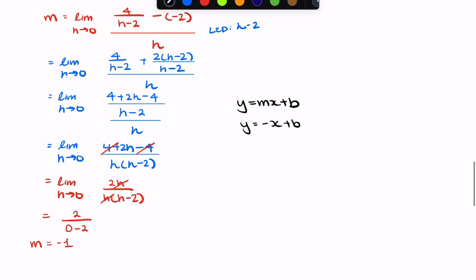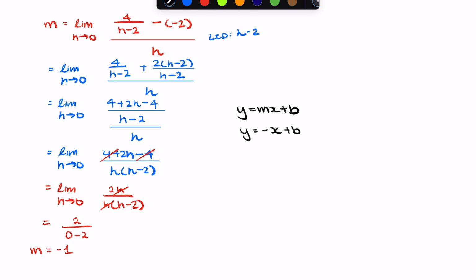We have a point that we can sub in: negative 2 and negative 2. So negative 2 will be equal to negative times negative 2 plus b, so negative 2 is equal to 2 plus b, and negative 4 will be equal to b.